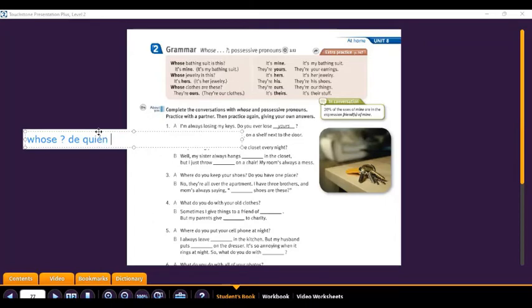Entonces, cuando queramos hacer una pregunta como ¿de quién son estos zapatos?, ponemos whose shoes are these? ¿De quién son estos zapatos? Whose shoes are these? Está demostrando posesión. ¿De quién?